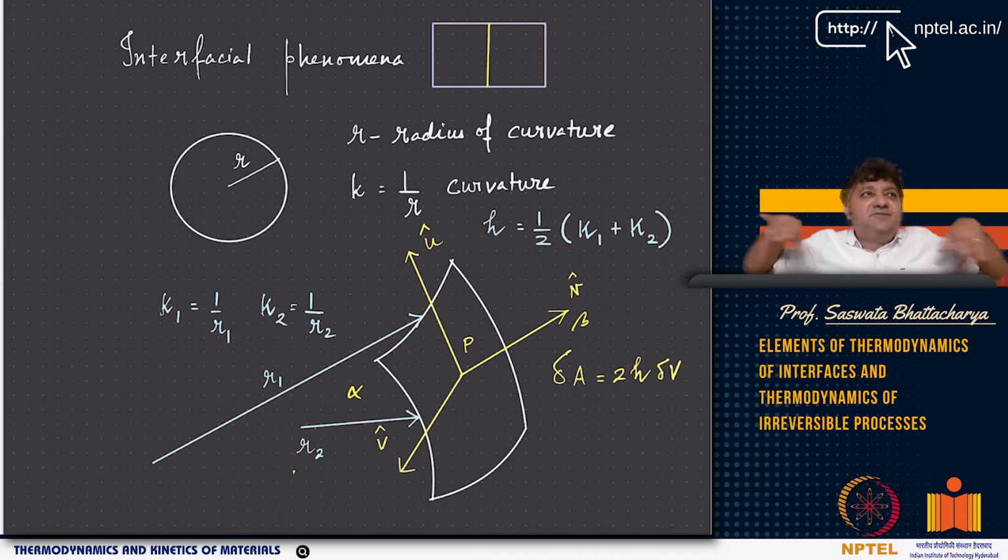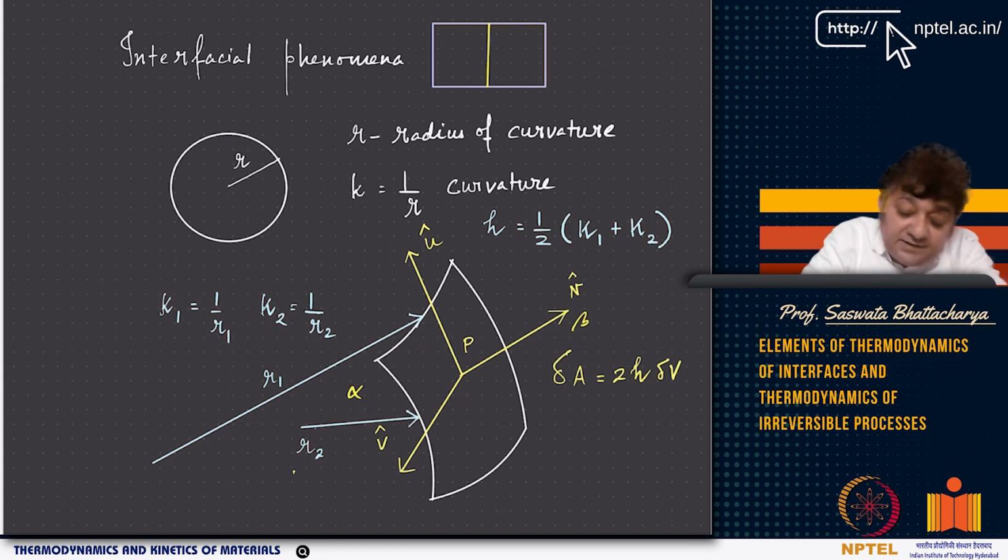For spherical particles, if you have a completely spherical surface, then 1 by R1 equals 1 by R2. So it becomes like half into 2 by R, and that is nothing but 1 by R when you are looking at a sphere. However, it is not always a sphere, right? So as a result, we need to understand this definition. One of these definitions is called mean curvature. So this is the mean curvature.